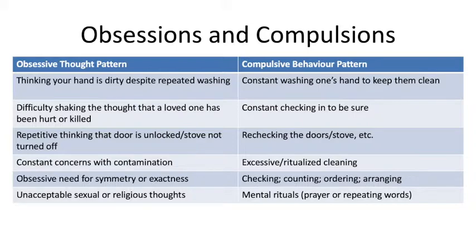Similarly, if you have repetitive thoughts about the door being unlocked or the stove not being turned off, there could be a ritual there, a compulsive behavior pattern that is conducted to reduce the anxiety around that particular obsession.